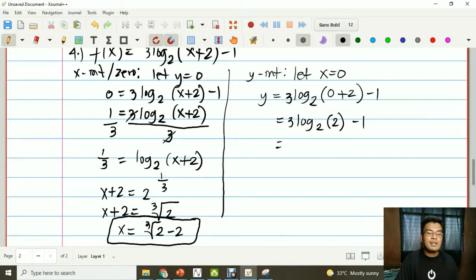Since 3 yung number na nandito, pwede natin siyang i-rewrite using laws of exponents. Pwedeng, ang statement na to, pwedeng maging log base 2 of 2 raised to 3. At si minus 1, pwede natin tong i-write in terms of logarithm of base 2.